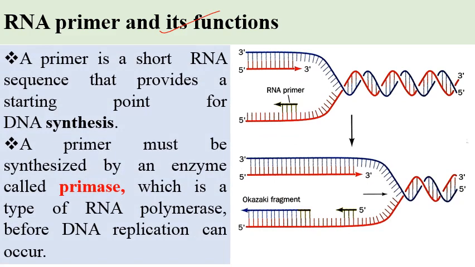RNA primer is a short segment of RNA that provides a starting point for DNA synthesis. It means it provides a free 3' OH group for DNA polymerase. A primer must be synthesized by an enzyme called primase, which is a type of RNA polymerase, before DNA replication can occur, that we have already discussed.